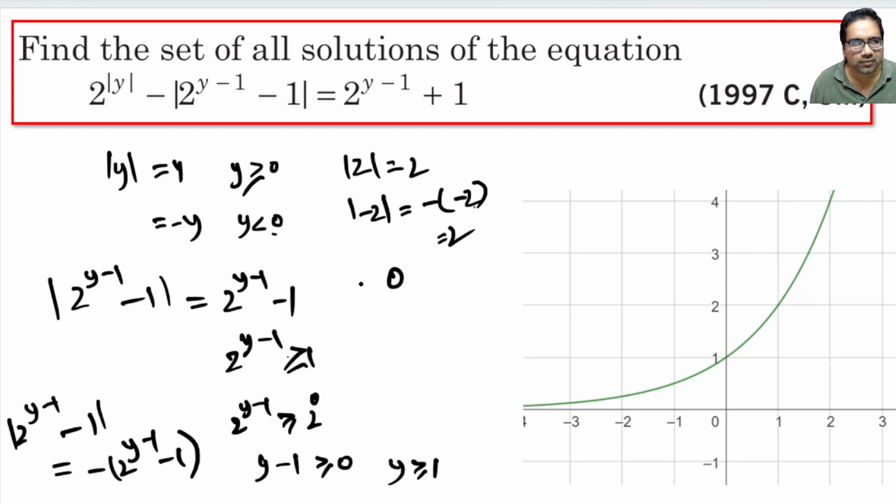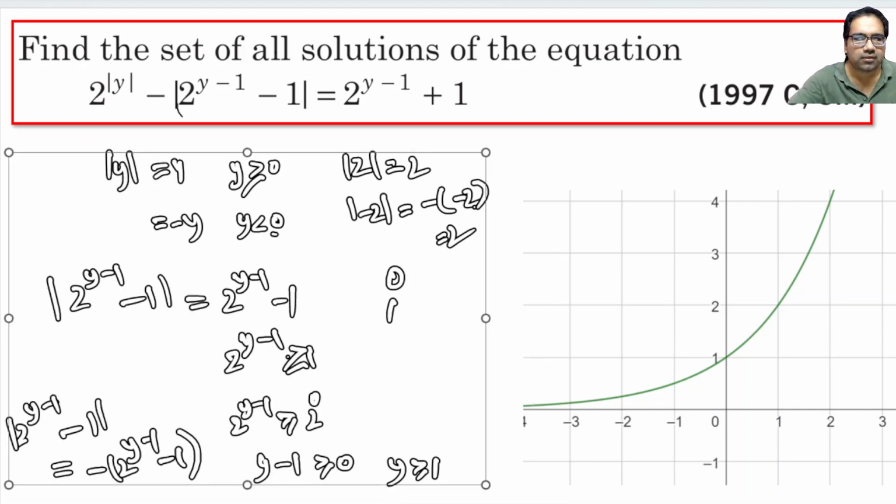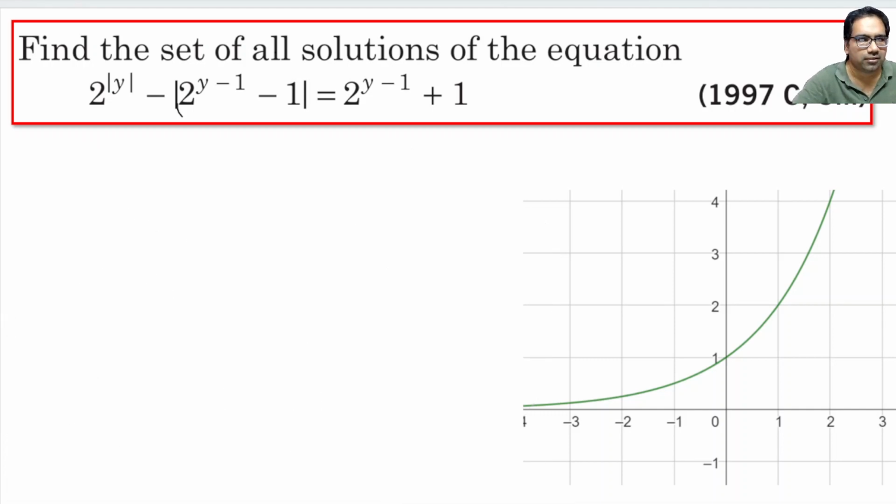At 0, this absolute value function changes, and at 1, this absolute value function changes. Now, basis this, let us break the overall equation into different parts.